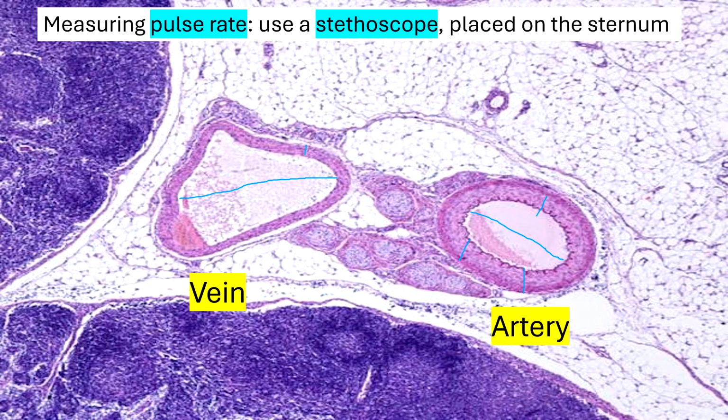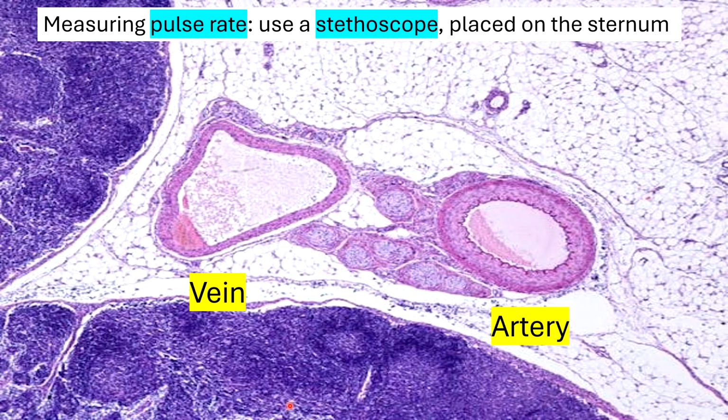Veins aren't 1 cell thick, but they still have thin walls. Okay, so the arteries have these larger walls. Why? To sustain the pressure that comes from receiving the oxygenated blood right from the heart. Okay, so it's very important to recognize the wall thickness and the diameter of the lumen when trying to identify or being asked to identify whether it's a vein or an artery.